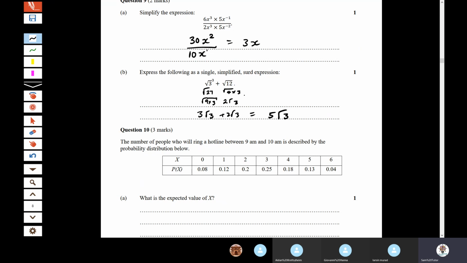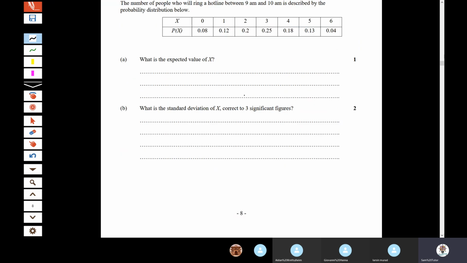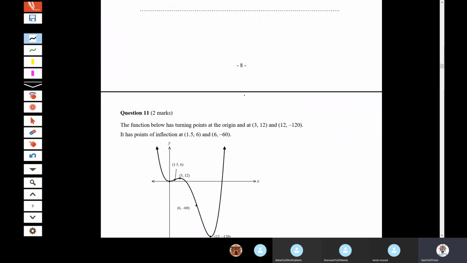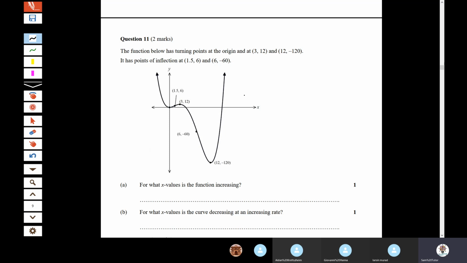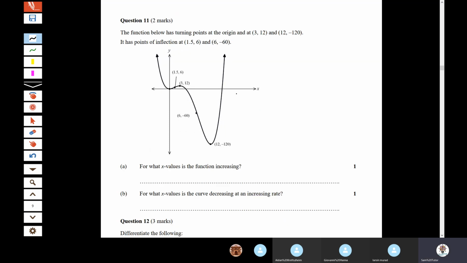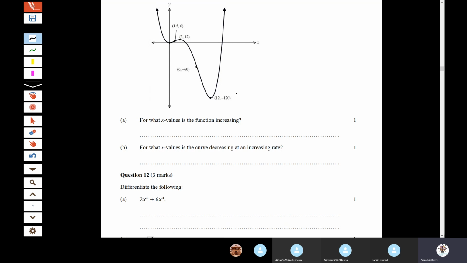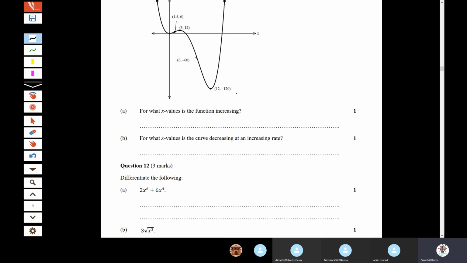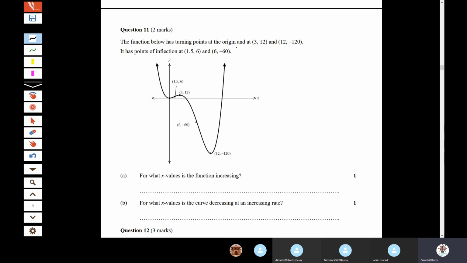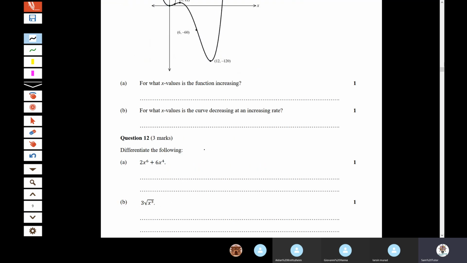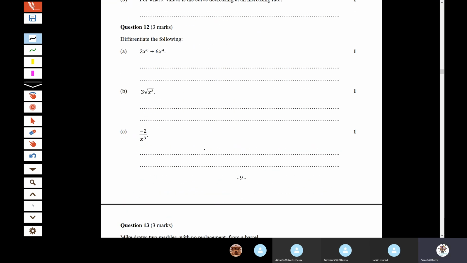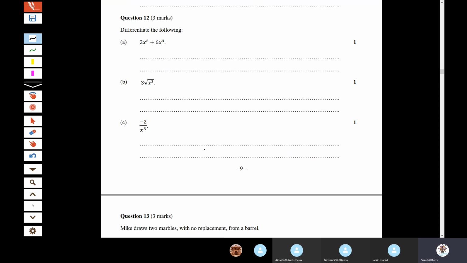Okay, question 10, not for us, that's for next term. Question 11, actually not part of what you're doing just yet. It's about functions, turning points and points of inflection, not what you're learning just yet. Differentiate the following.